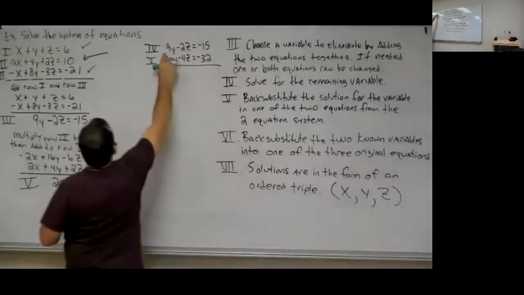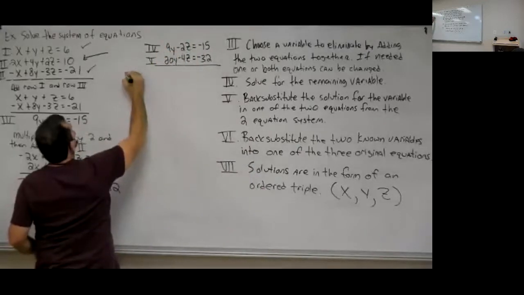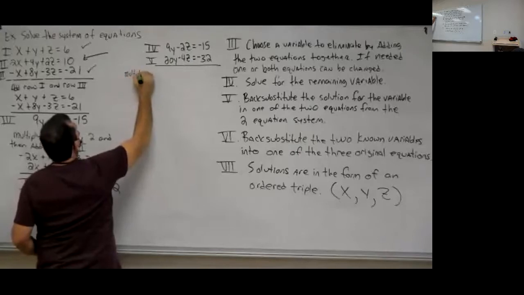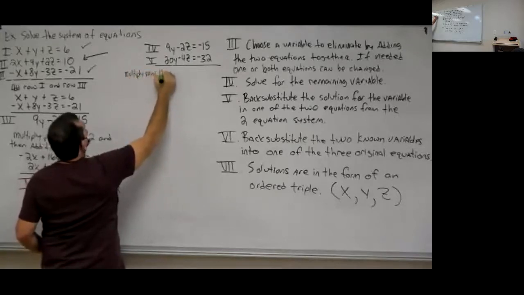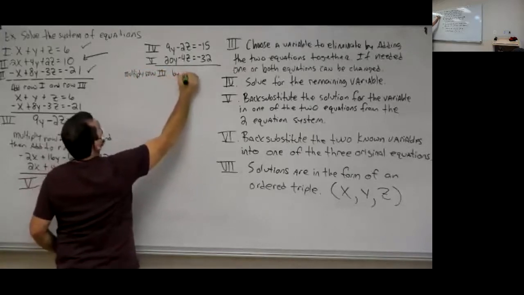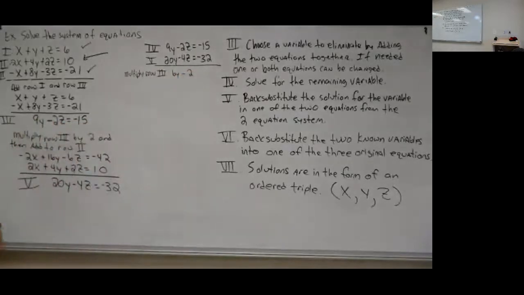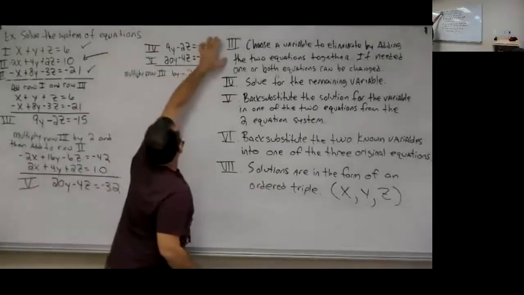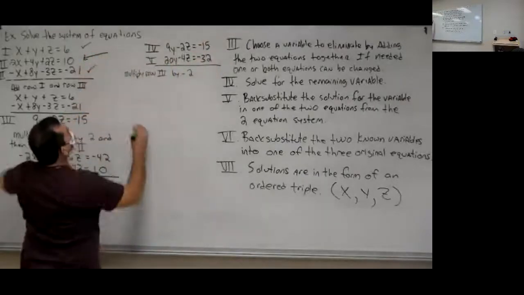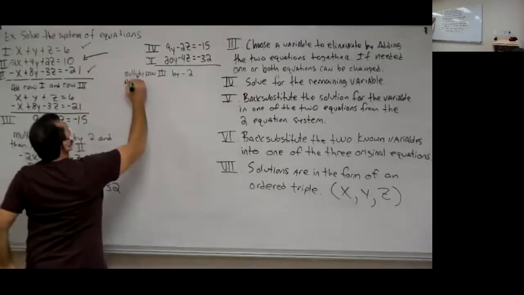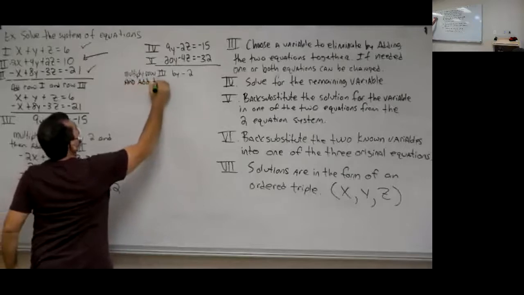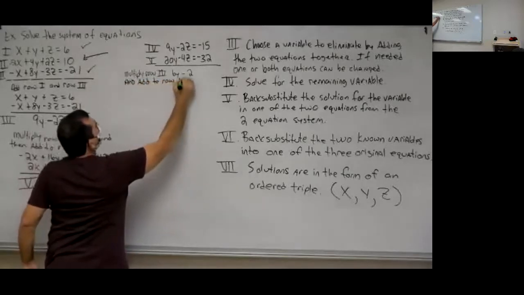So here's what I'm going to do to this one. I'm going to multiply row 4 by negative 2. Right, I got a negative 2z sitting there. If I multiply by negative 2, that'll make that a positive 4z. But we got to do that to the whole row. So multiply row 4 by negative 2 and add to row 5.